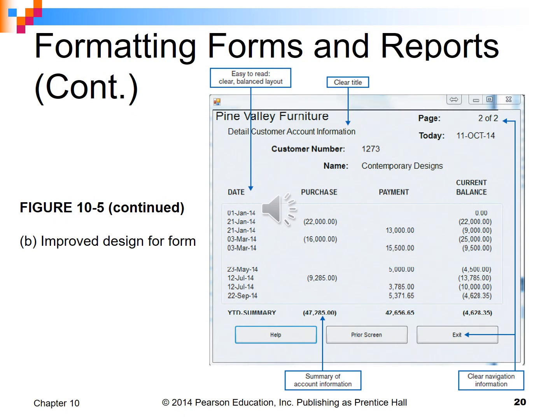Well, look at this report, which really reflects the information in the previous report. It really improved the design of that form. Pine Valley Furniture, page 2 of 2 for navigation, today's date, the indentation, you see it by the date, you see spacing between these, you see the labels, clear: date, purchase, payment, the name, the customer ID number.